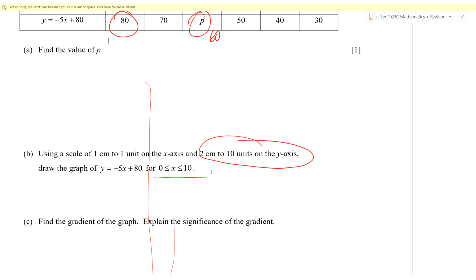But what I want to talk about is explaining the significance of the gradient. What is actually happening? This gradient is actually -5. Okay, so I'll write it over here. It tells us that every 1 minute, what happens to the temperature?